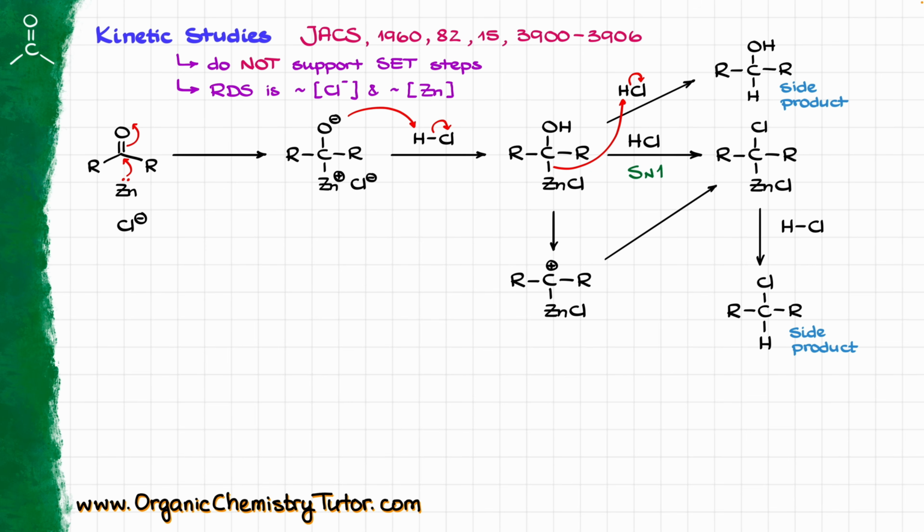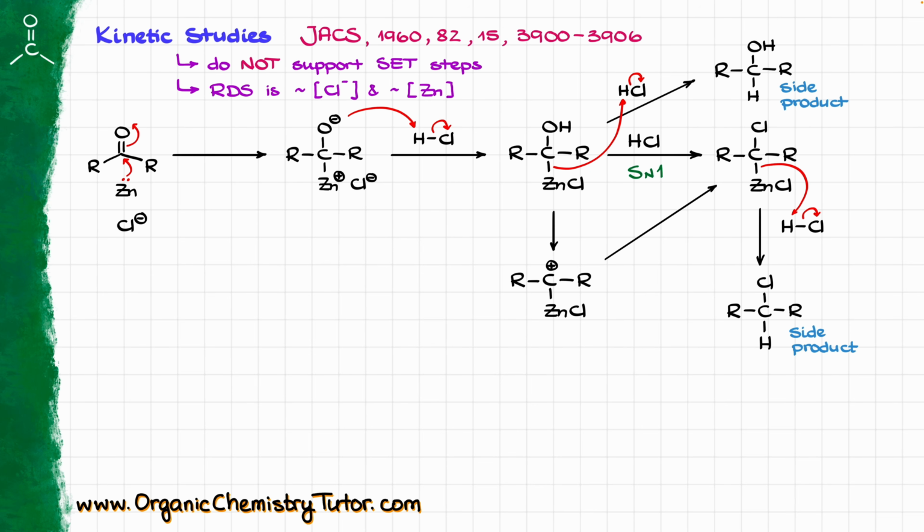So here our zinc-carbon bond gets protonated by HCl like so, and we get chloride as a side product, and those are also well documented. Again, they don't happen all the time, they are not always present or accounted for, but whenever people were specifically looking for those side products, they always found chlorides.